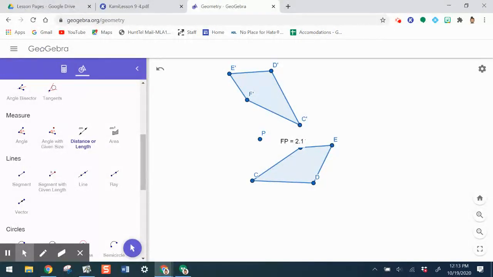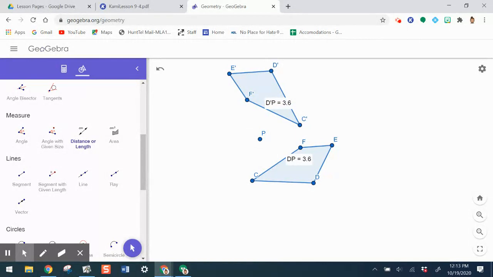Didn't even realize that. The distance from F to P is 2.1, and the distance from F prime to P is also 2.1. We can do that again if you'd like, just so you can see that it's not just those two points. Maybe let's do point D to P is 3.6. So D prime to P should also be 3.6.